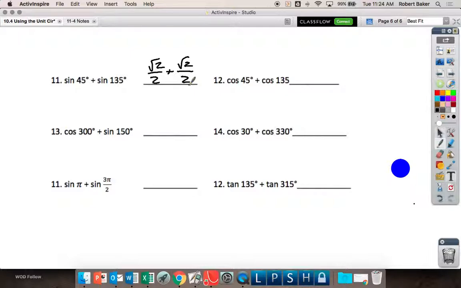Will the denominator change if you add 1/2 to 1/2? You get 2 halves, right? So what is 1 square root of 2 plus 1 square root of 2? It is 2 square roots of 2.